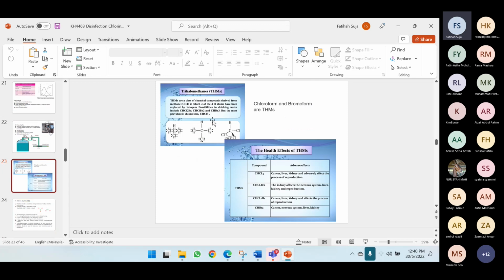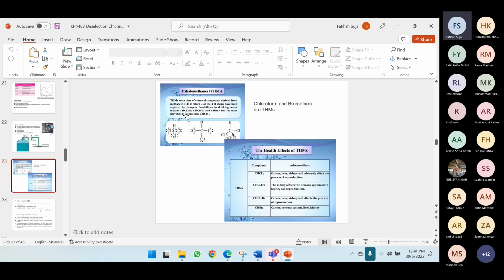Okay, so what is trihalomethane? Trihalomethane is something that is discussed a lot nowadays, especially on the sustainability of the water supply system, to make sure that it is safe. Trihalomethanes are a class of chemical compounds derived from methane in which 3 of the 4 H atoms have been replaced by halogens.